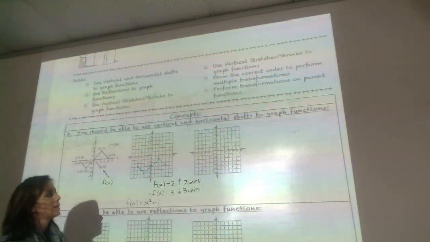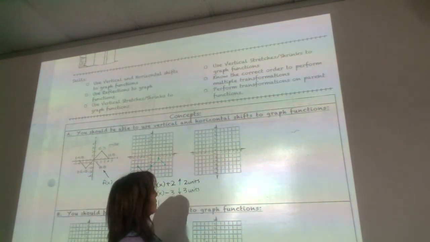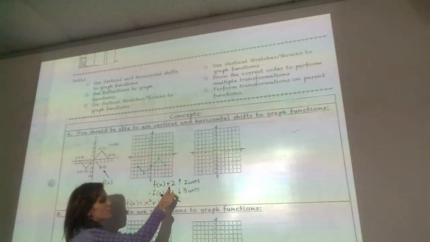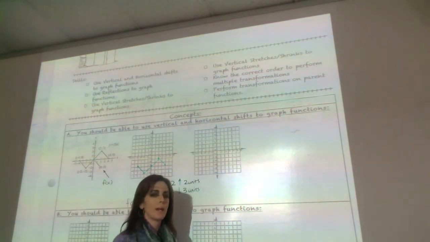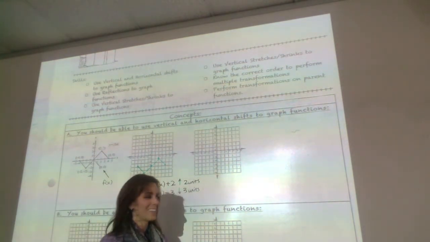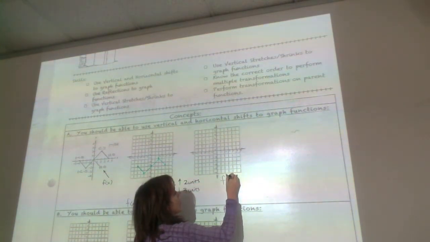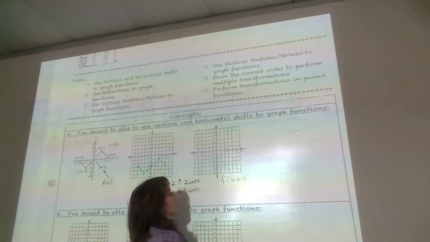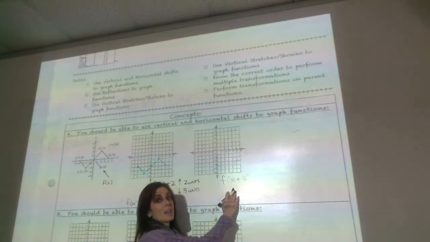So now we want to talk about left and right. Let's come over here, and instead of adding and subtracting outside the function, to shift left and right, we're going to add or subtract inside the function. So if I wanted to do f of x plus 3, this would be a shift 3 units to the left, okay?